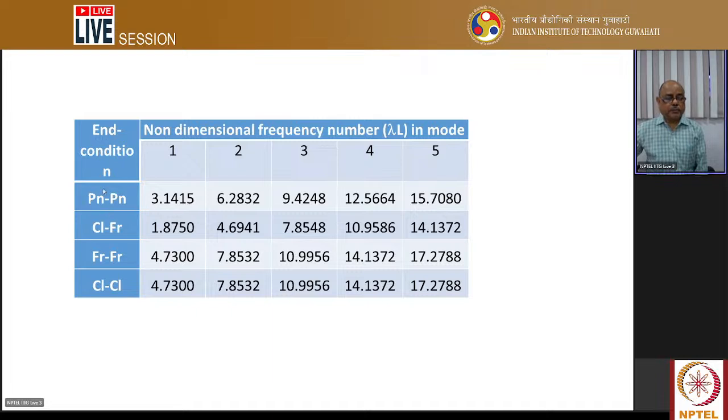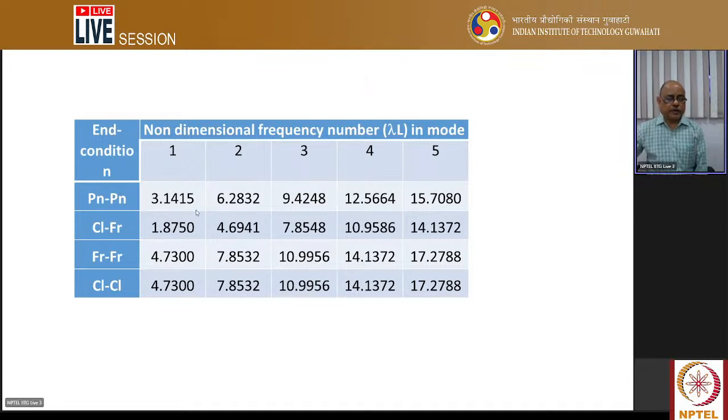For the pin beam, simply supported beam, these are the frequencies. The first 5 frequencies are written for the different types of beam. The first row gives the frequencies in pin condition, where lambda L is 3.1415, so lambda square is pi square. Then clamp-free is the cantilever beam, whose first frequency parameter is 1.875.